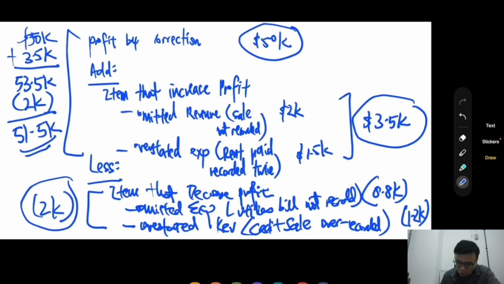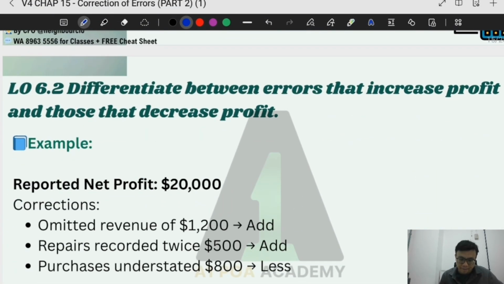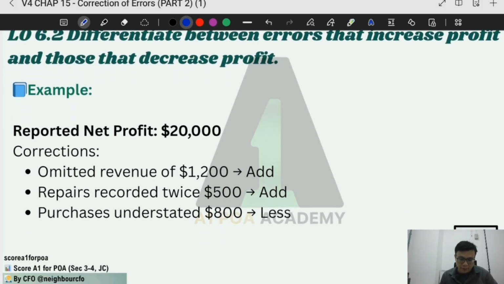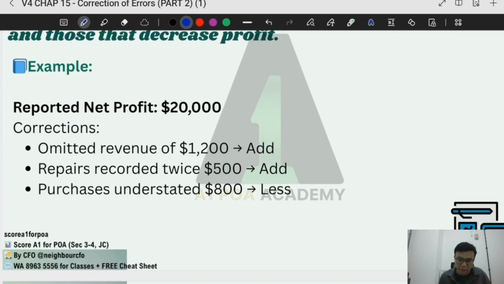With that, let us now go back to the original slide. Over here, there's this example. Reported net profit of 20,000. The corrections: omitted revenue of 1,002 to be added. Repairs recorded twice, $500.